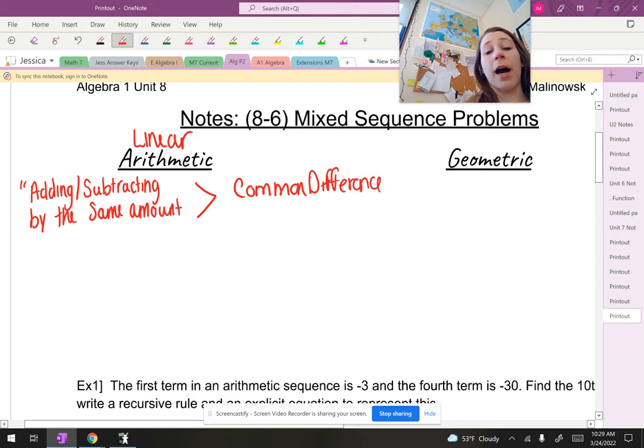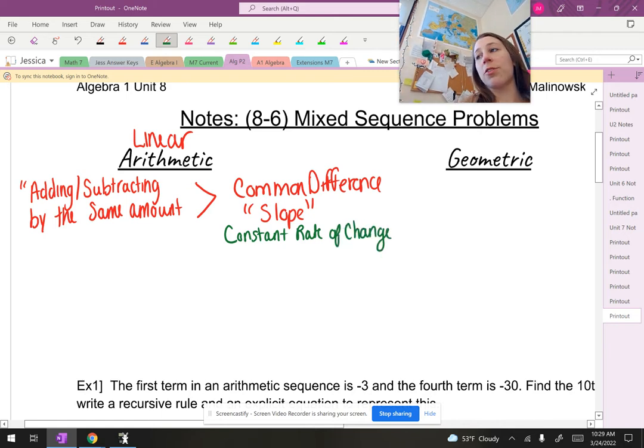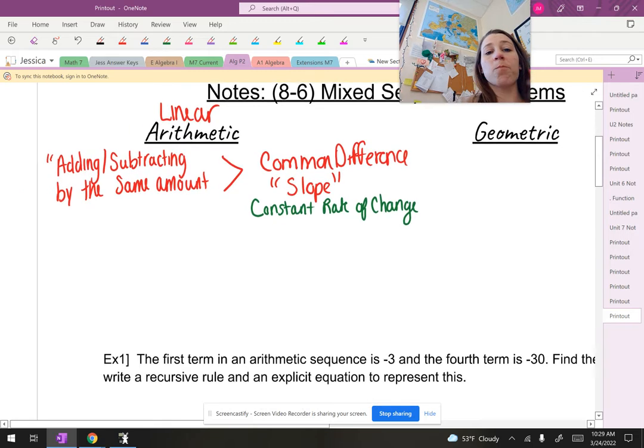AKA, another name for that common difference is that slope, or your constant rate of change. That's what a constant rate of change means, to be adding or subtracting by the same amount each time.